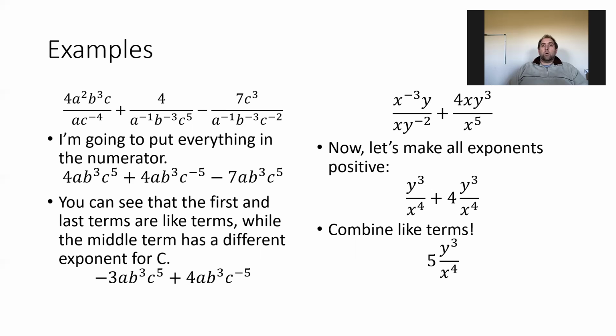Using that quotient rule, it would be x to the 5 minus 1, or x to the 4. And so that one ends up as 4y cubed over x to the 4. And notice now that these are like terms. So we have 5y cubed over x to the 4.